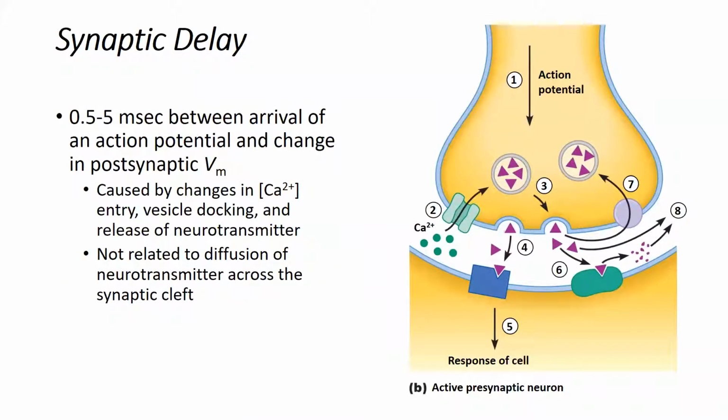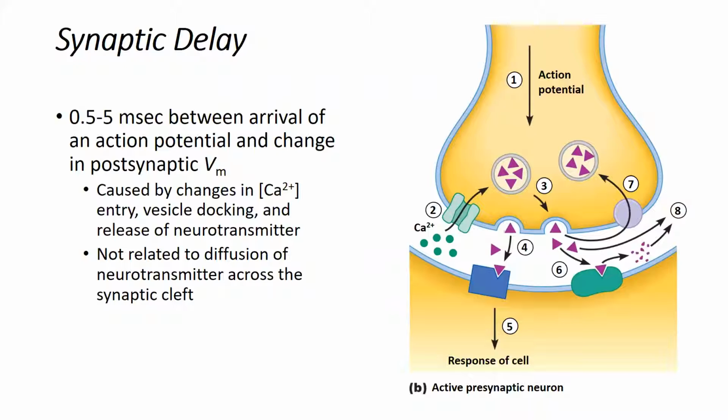Now, there's an idea called the synaptic delay, and the synaptic delay is basically a pause or a 0.5 to 5 millisecond delay between the arrival of the action potential and the change in the membrane potential on the postsynaptic side. So I'll say that again.